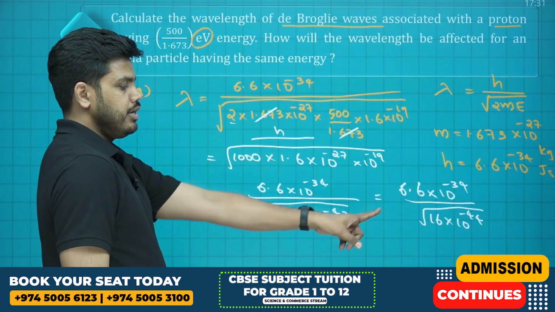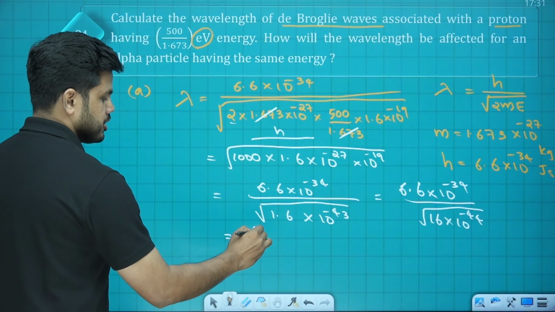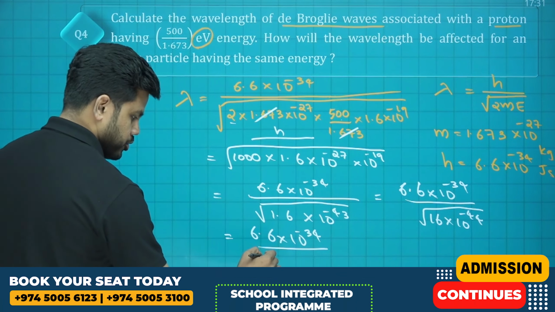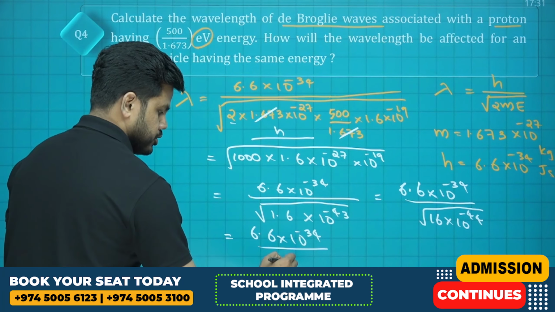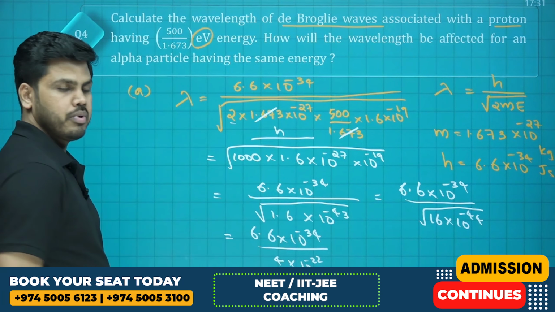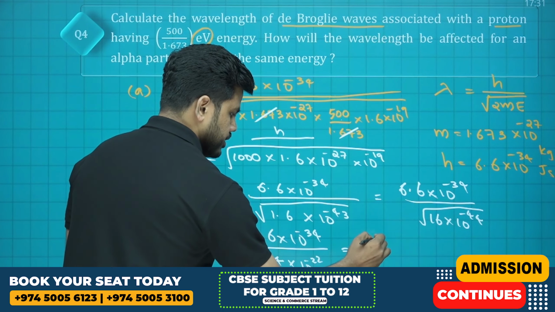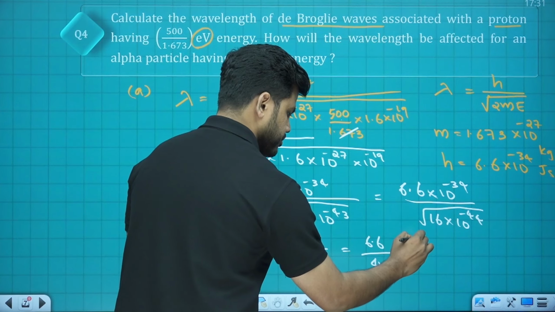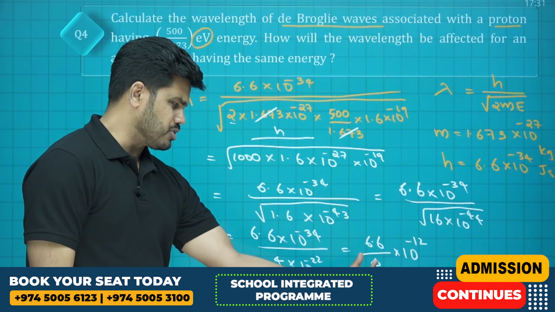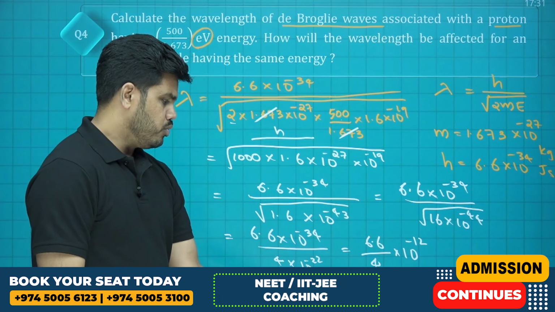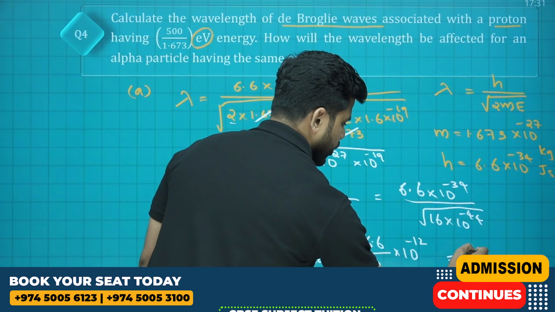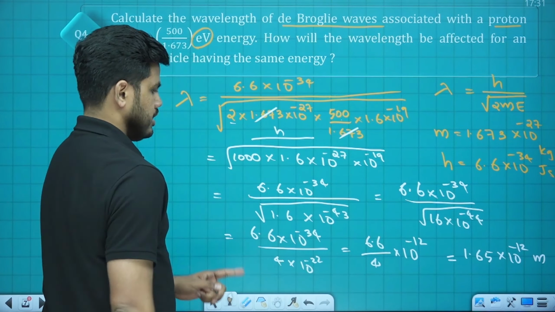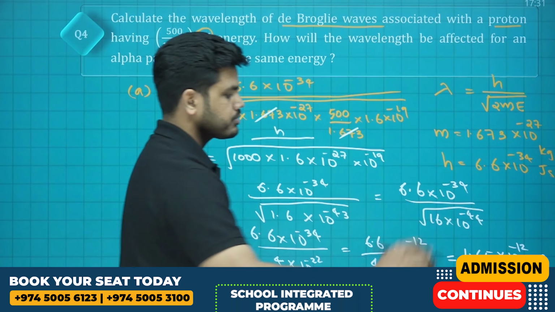In the denominator, square root of 16 is 4 and 10 raised to minus 22. So we get 6.6 divided by 4 into 10 raised to minus 12. And 6.6 by 4 is 3.3 by 2, which is 1.65. So 1.65 into 10 raised to minus 12 meters. That is the wavelength required.